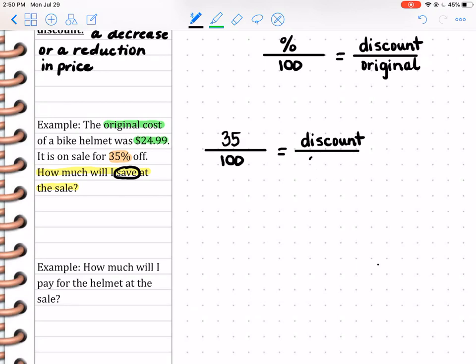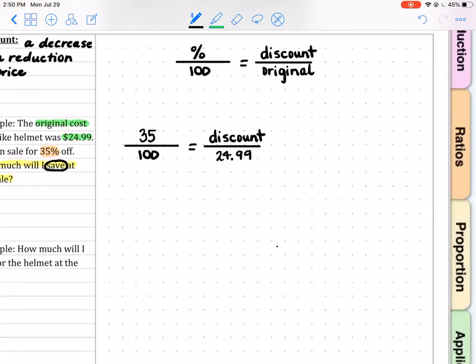So $24.99 was the original, and you have the problem that you need to solve. So we're going to draw the peanut, the cross multiplying. $24.99 times 35 is 874.65.